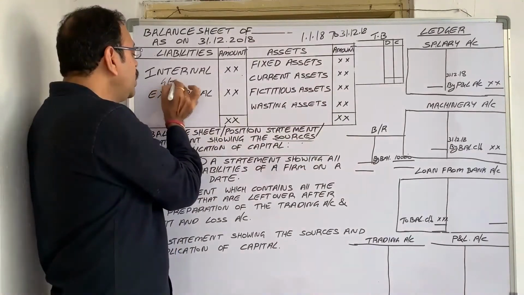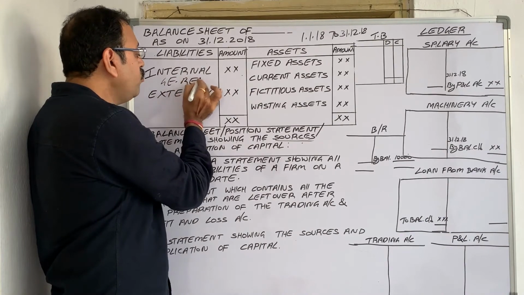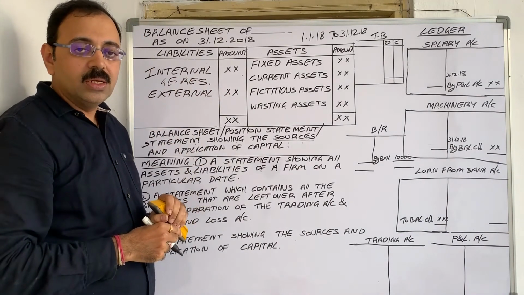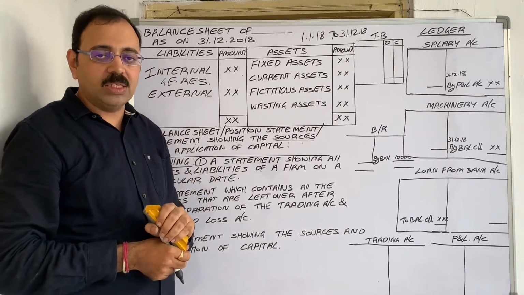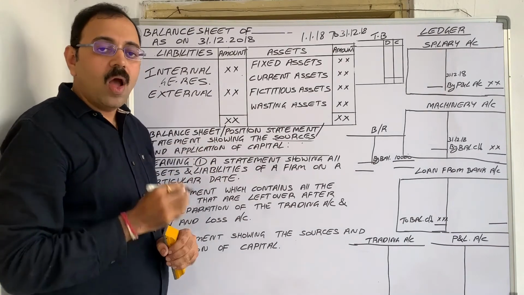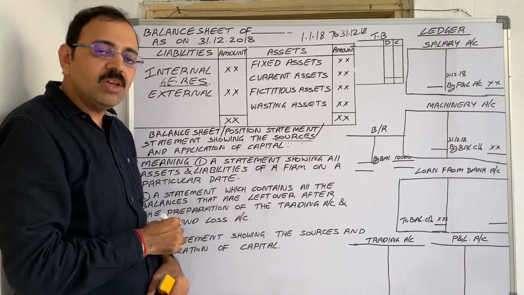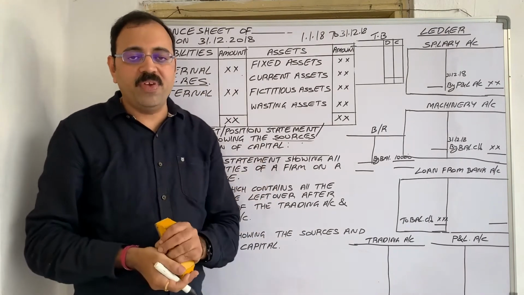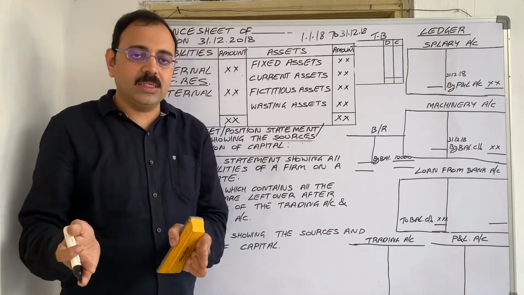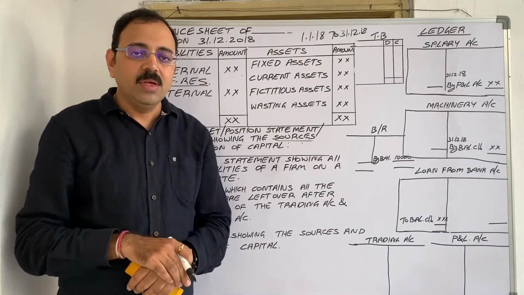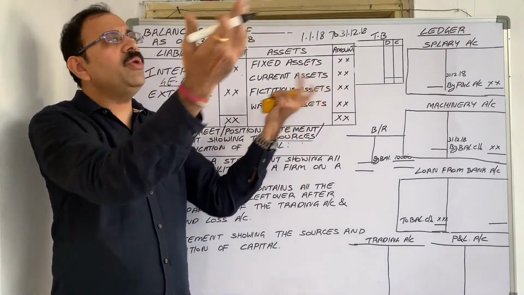Even general reserve amount also we show under liabilities. If it is a partnership business, if it is a company, on liability side we show general reserve. General reserve means what? Accumulated profit, nothing but retained earnings. Our savings money. Our savings money we need not pay to anybody.